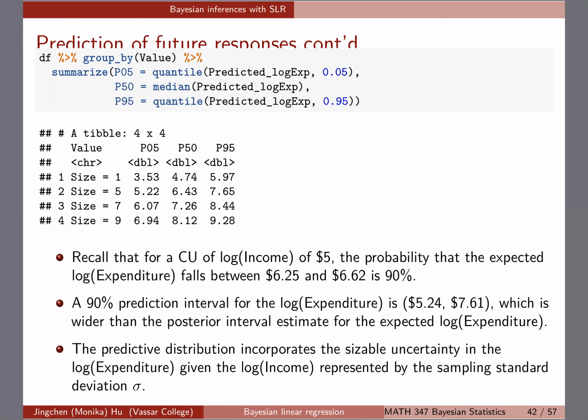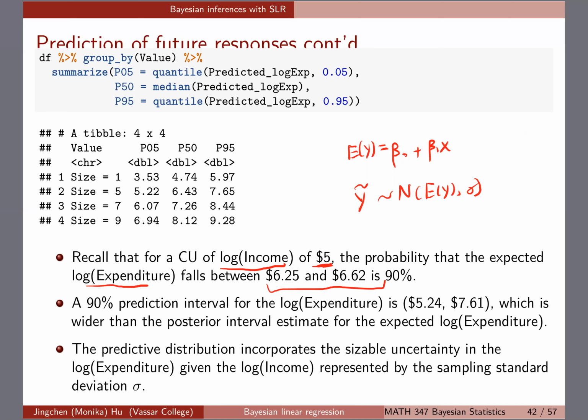One thing I would like to mention is that earlier, when we were looking at only the mean value of log expenditure, this is the credible interval that we have. That's only looking at the mean, and that's only taking into account the variability of beta 0 and beta 1. Now what we're doing is having a prediction, which is from a normal with expectation of y and then sigma, right?